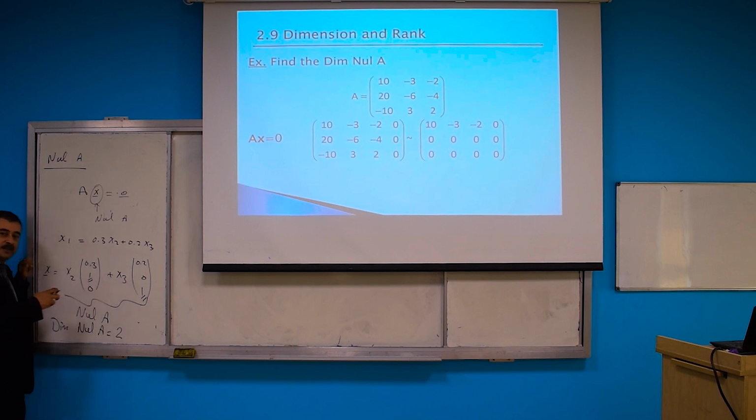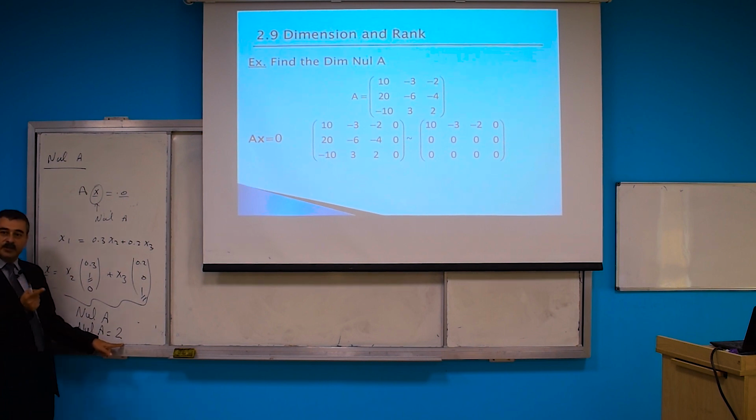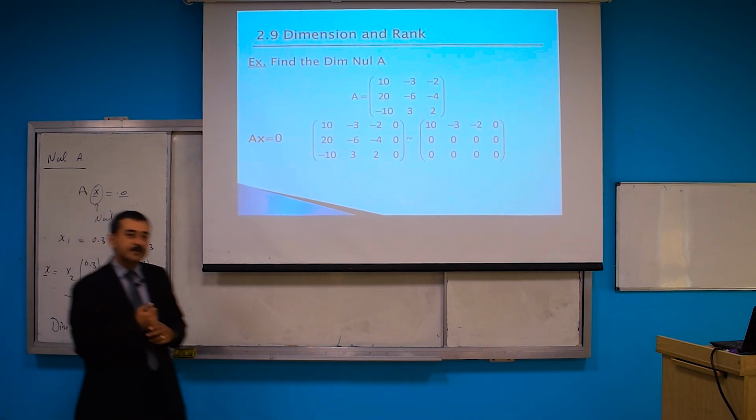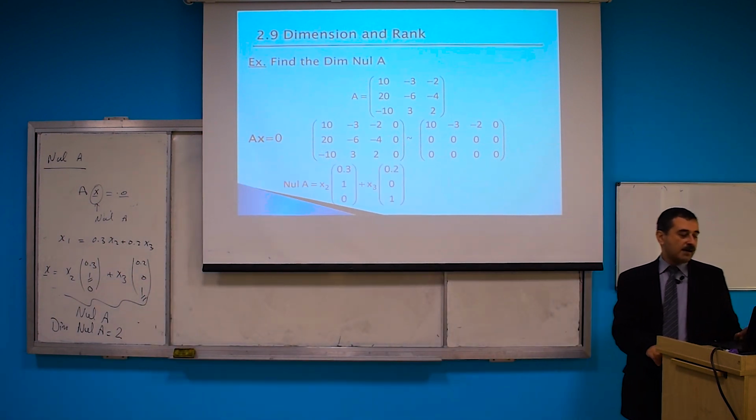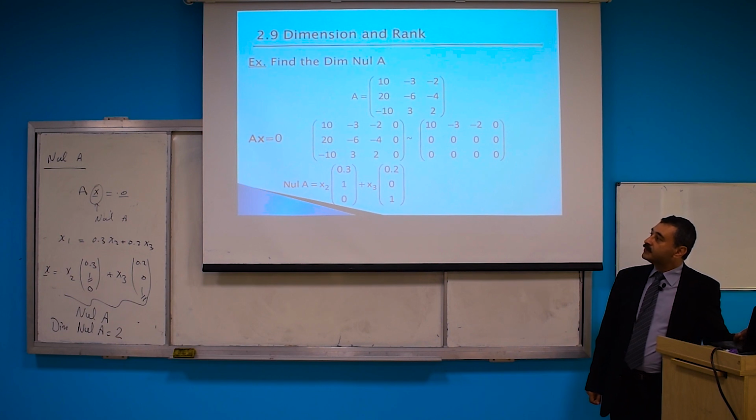These vectors are linearly independent, so their span is a 2-dimensional space in R3, which is a plane in R3.